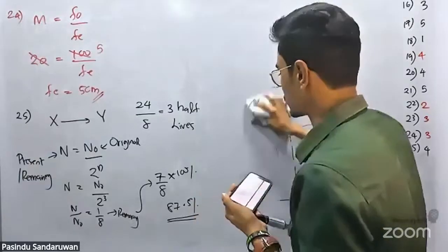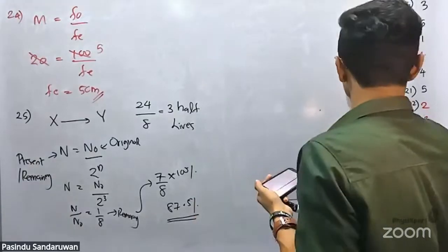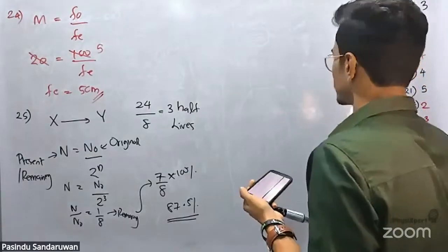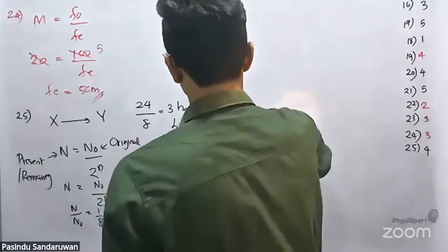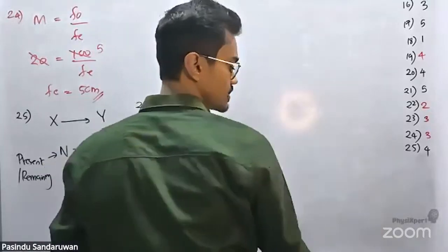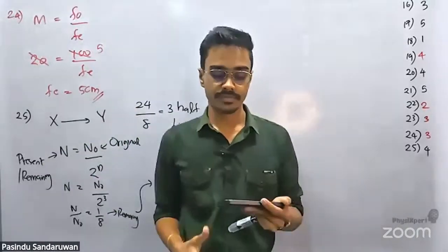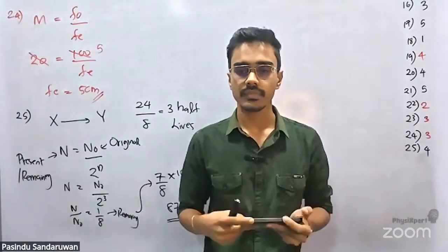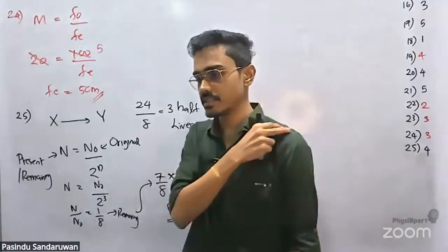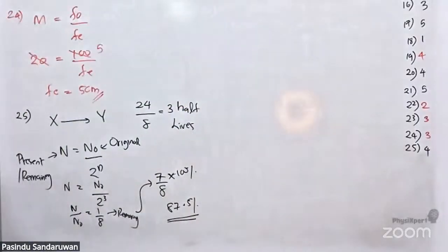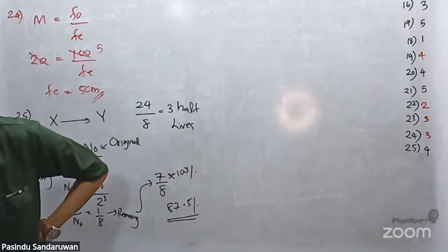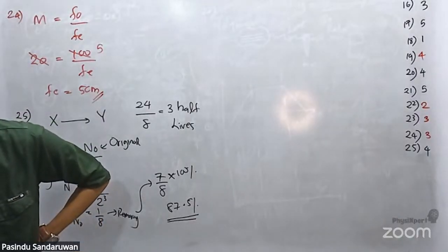Okay, we are halfway through. Any clarifications, any questions up to this point? Now 25 MCQs are discussed already. Tell me if there are any questions up to this point. Anything to clarify?